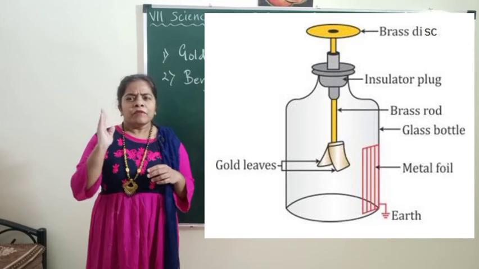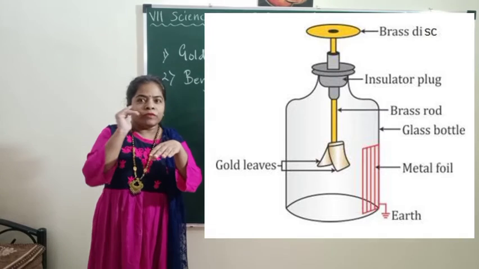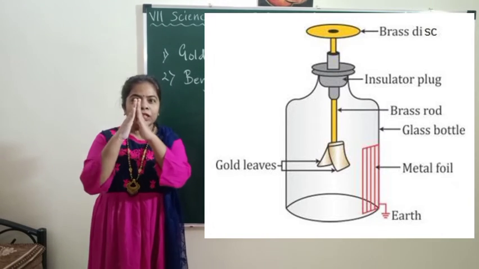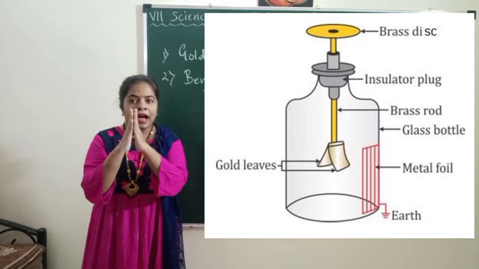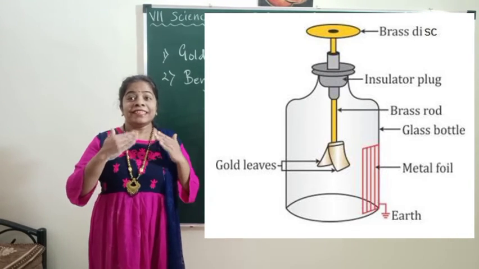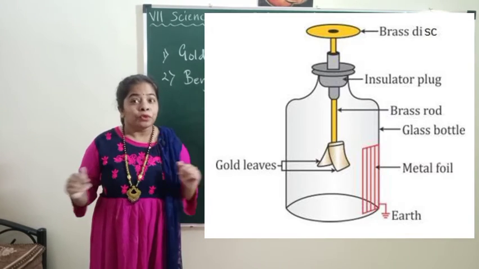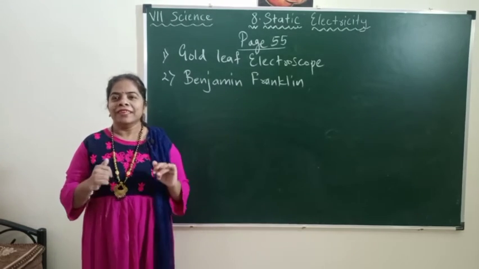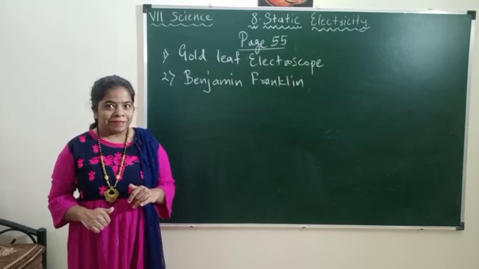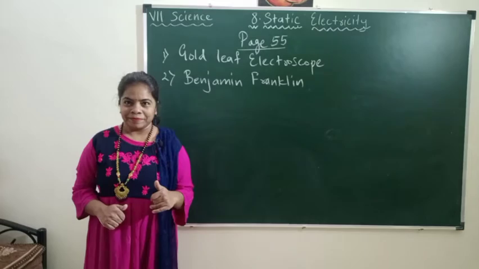We will bring the object which we want to test near the tip of the electroscope and the two leaves. If the two leaves are repelling each other, then yes, the object is having charges. If the leaves are not repelling, then no, the object is not having any charges. So that's why gold leaf electroscope is used.